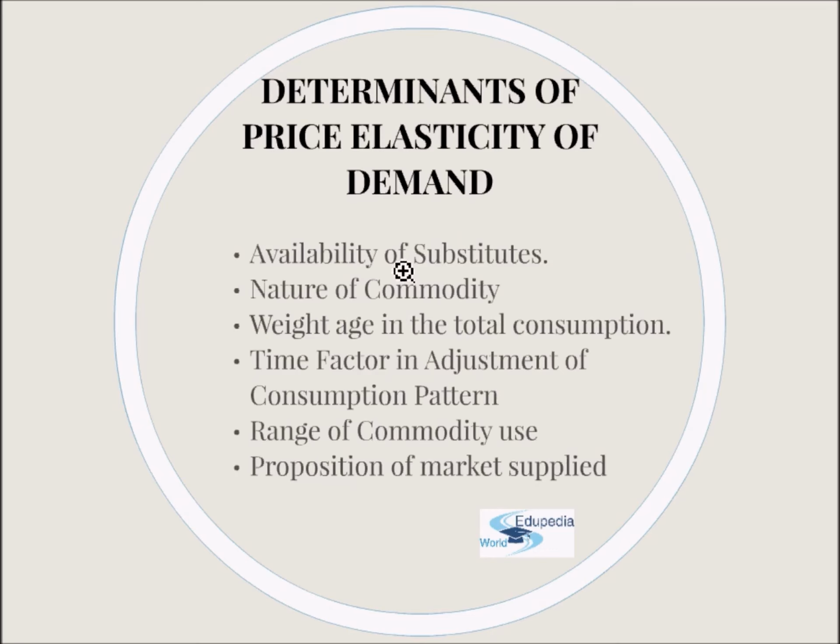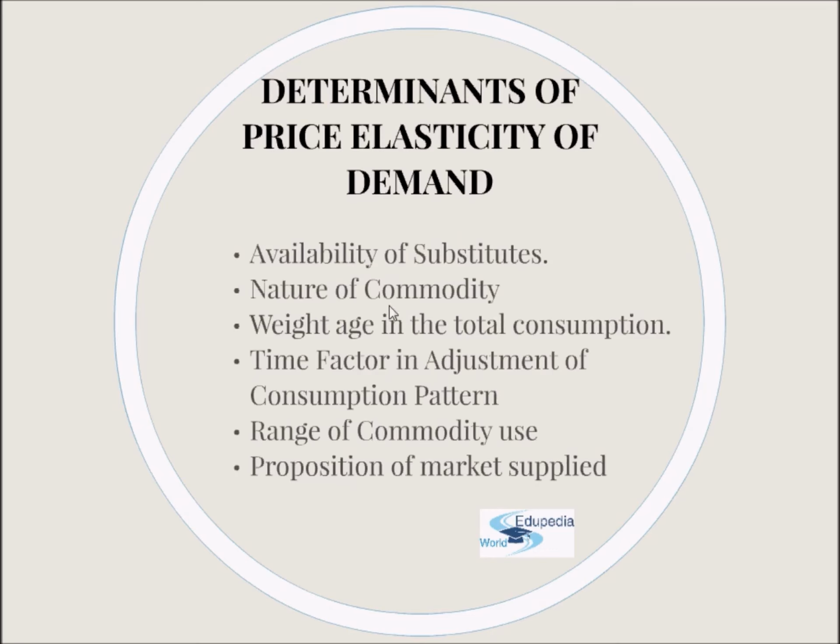So the demand of tea decreases at a much faster pace. So the price elasticity of demand in case of tea and coffee is more than 1. That is, with a 1% change in the price of tea, there is more than a 1% change in the demand of tea. So the closer the substitute available of a commodity, the more elastic the price elasticity of demand will be.